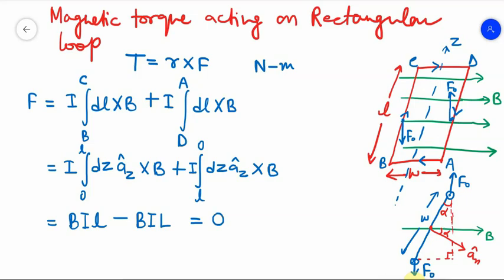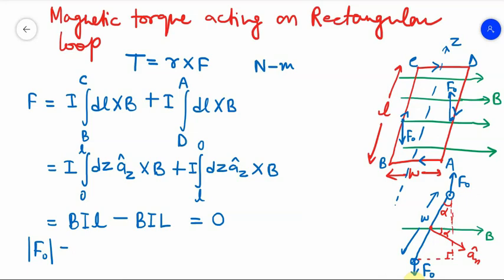The magnitude of this couple force F0, because equal and opposite force is acting, is BIL minus BIL equals 0, meaning there is an equal force F0 and F0 acting in opposite directions, so there is a minus sign, the net force is 0, but it is making a couple.